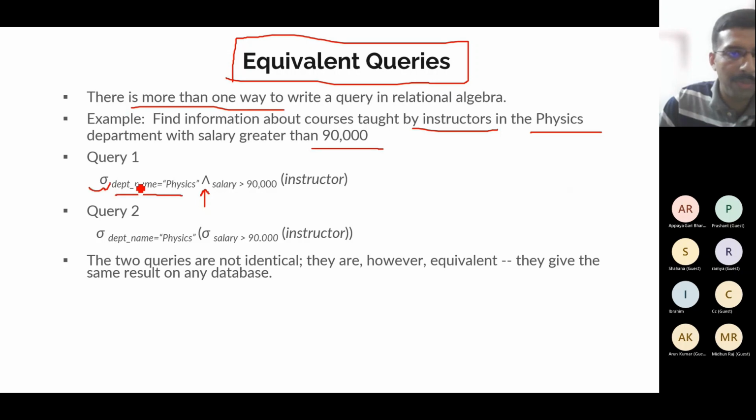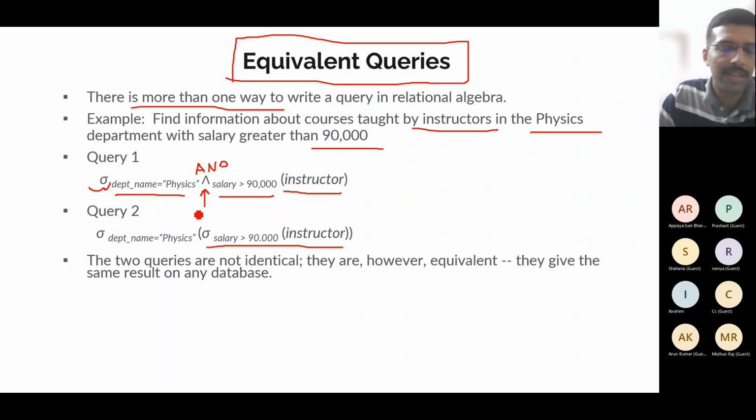I can give department name equal to physics, and this is basically AND, right? And salary greater than 90,000. Select all those entries from the table instructor. So that way I can write it. Or in some other way, I can select all the instructors with salary greater than 90,000 and give that as an input to my next relational operation, which is to select all the entries where the department name is equal to physics.